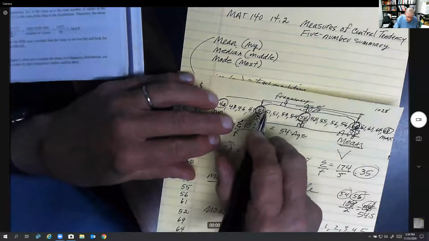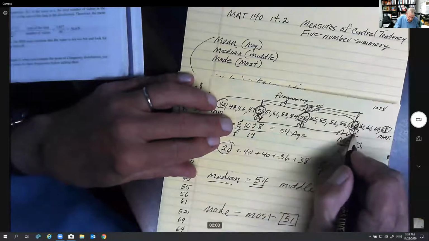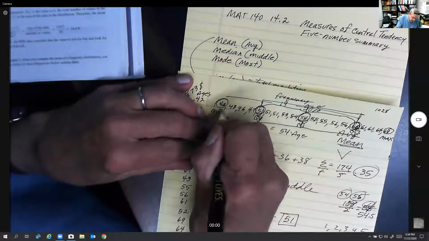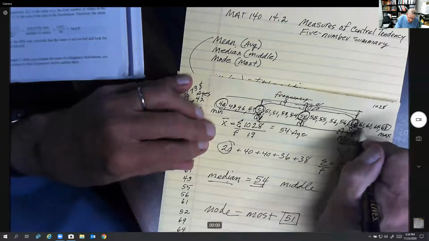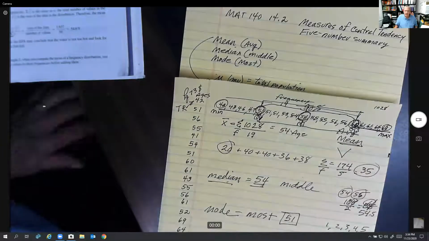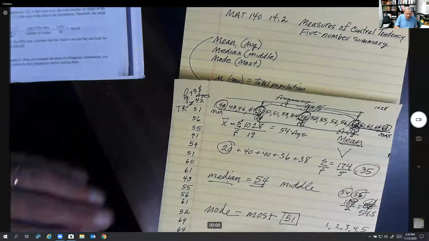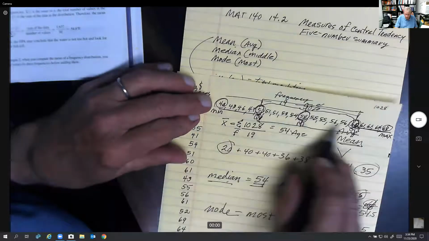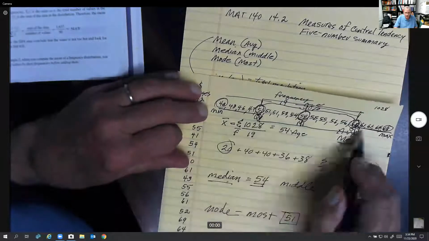It's called a box and whisker plot. The box contains 50% of the data, and the whiskers, we draw a little line out here, represent the other 50% of the data. I know it's kind of sloppy there, but that's what you want to do. Now, these have to be in order. They can't be just randomly like this. They have to be in order. So you have to order your data.